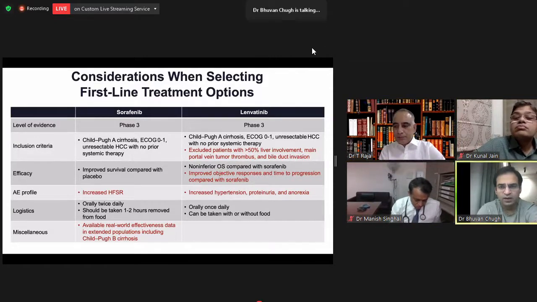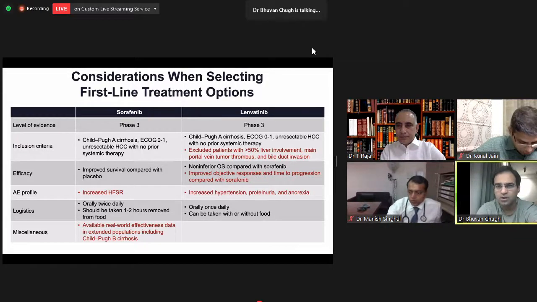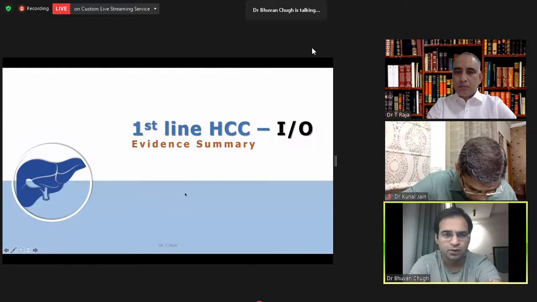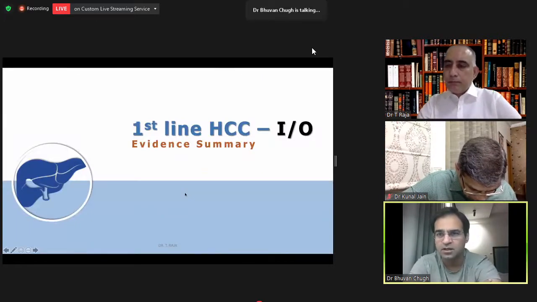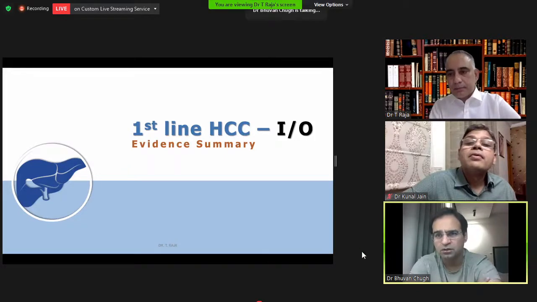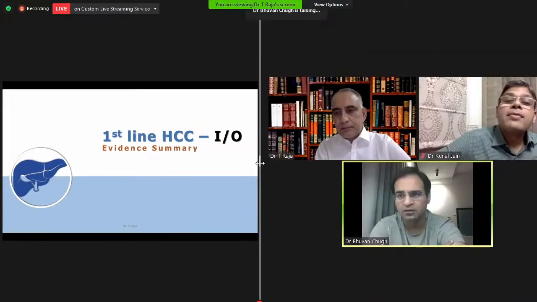So frankly, since the time it has become generic, it has become so easy to use lenvatinib over sorafenib. Going with our practical experience, rarely, if ever, do you see a metastatic HCC patient who is physically fit to receive sorafenib in today's world. With lenvatinib, you start with 8 mg and then increase to 12 mg if body weight is more than 60, which is usually the way to go for a patient who fits the criteria for a TKI.